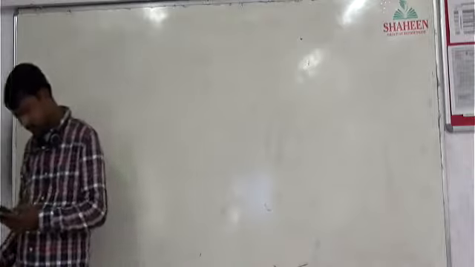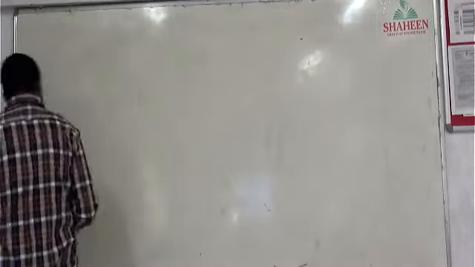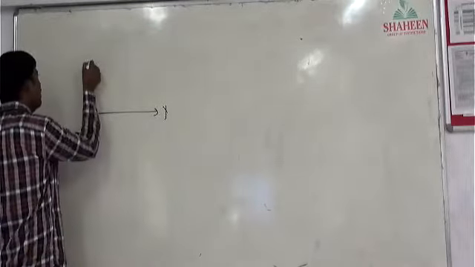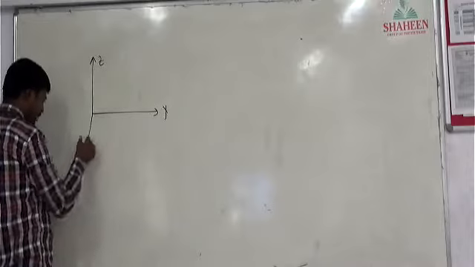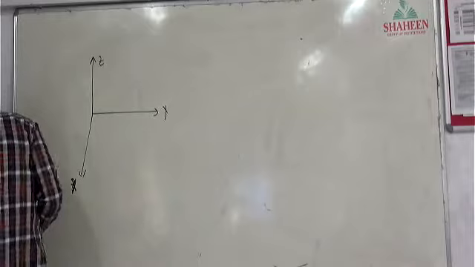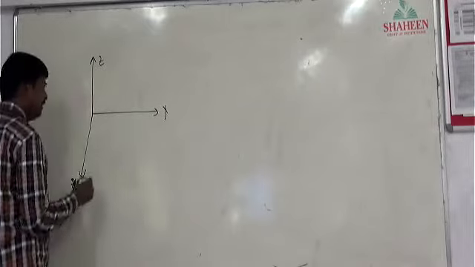Look here. One question is given in this way. This is the y-axis they mention. This is the z-axis they mention. And this direction, x-axis they mention. And the current they given like this.